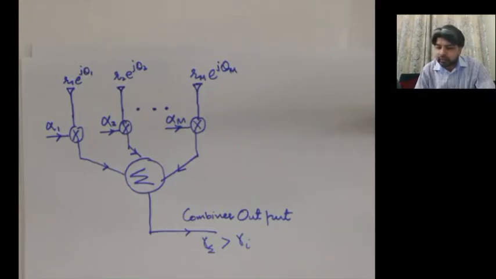And one important thing is that your receive signal has different phases. So we need to have a mechanism to take care of the different phases of the receive signal.